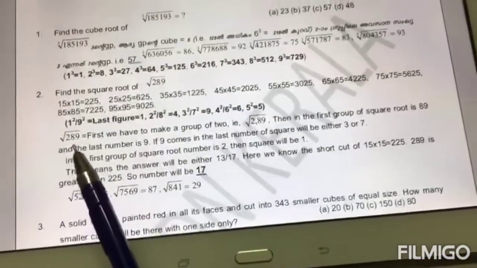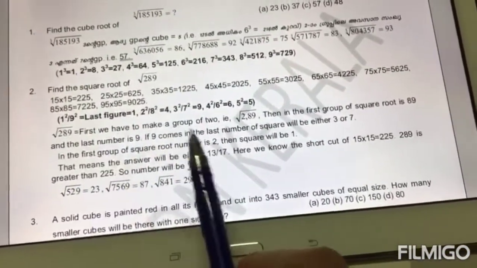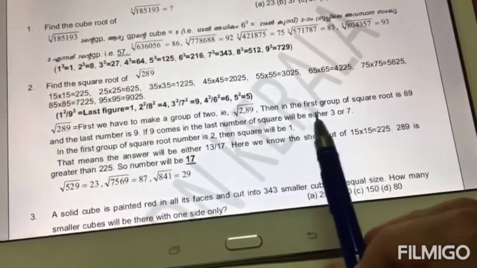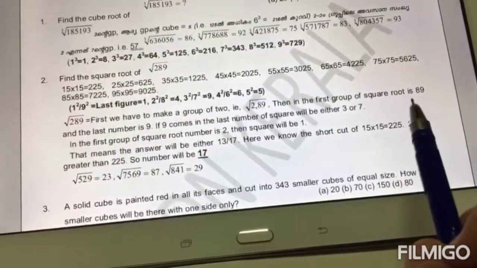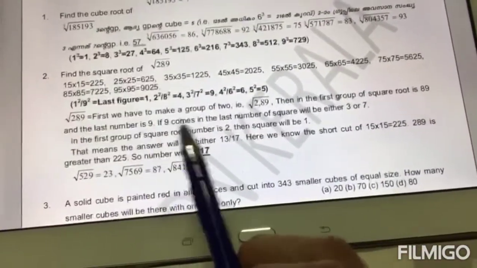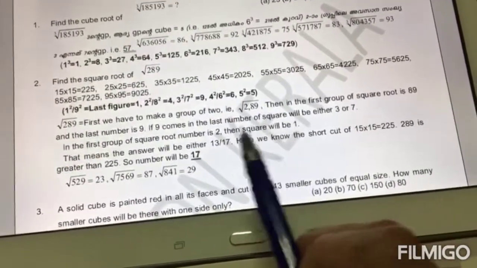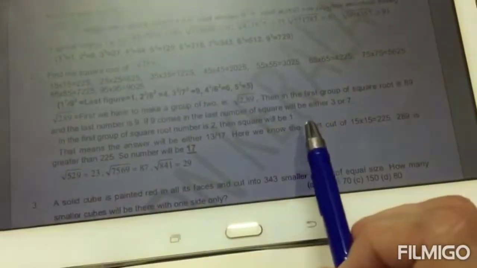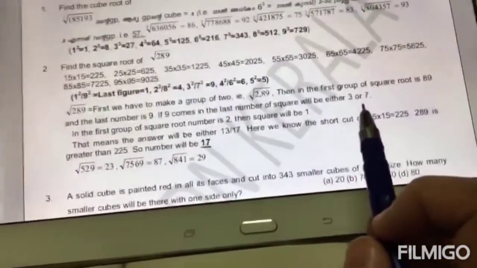Square root of 289: first we have to make a group of 2 comma 89. Then, in the last group, the number ends in 9. If 9 comes in the last digit of the square, the square root will either end in 3 or 7, which is what we discussed.